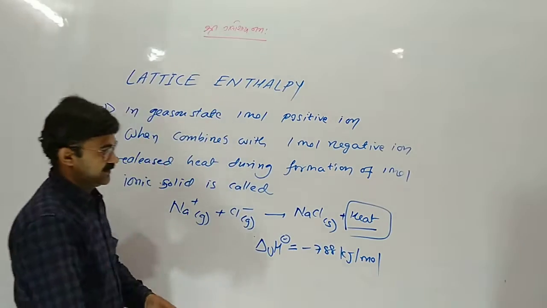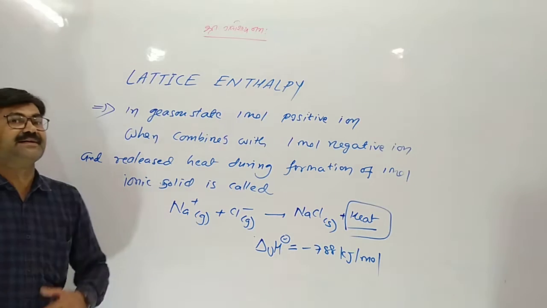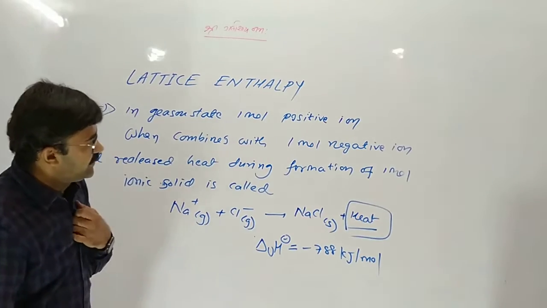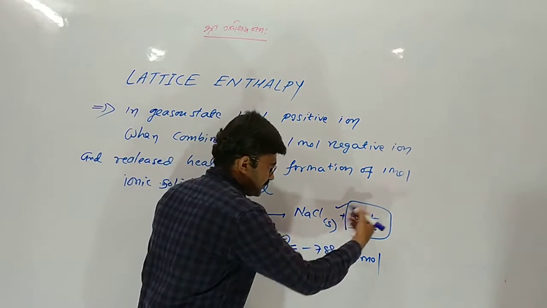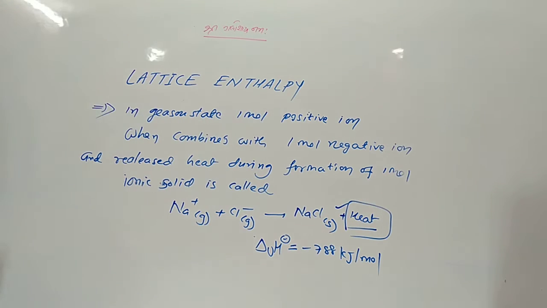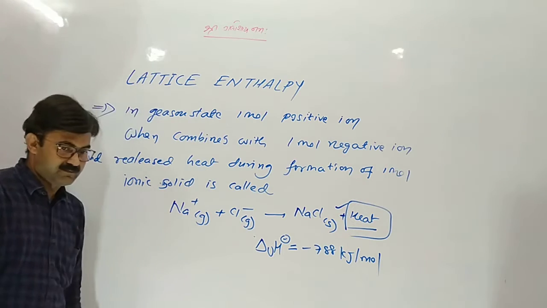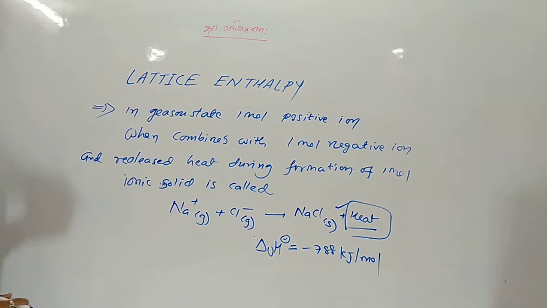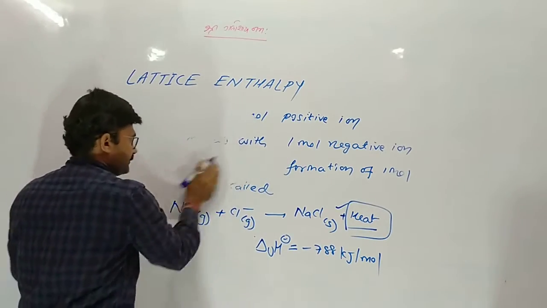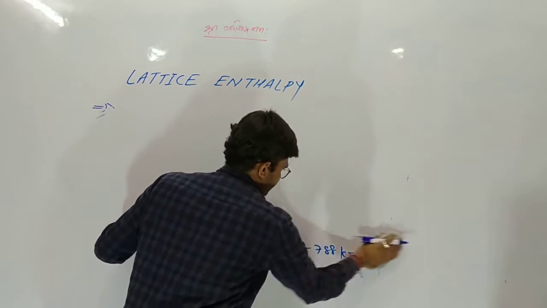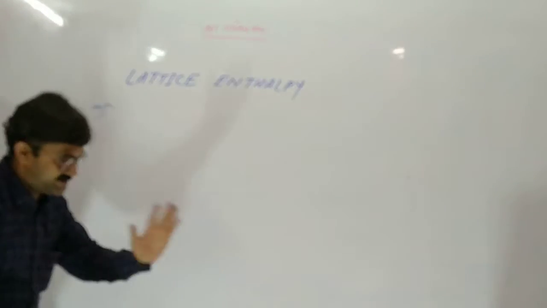Energy should never be negative; the sign gives a direction, absorbed or released. Here it is released, the reaction is exothermic, so the sign comes negative. Now in another word, we can also say this is the lattice formation enthalpy.